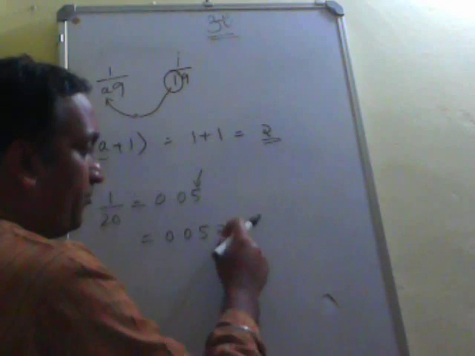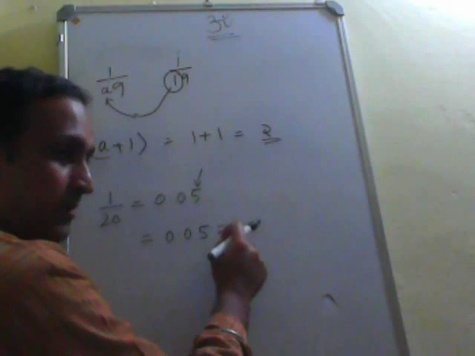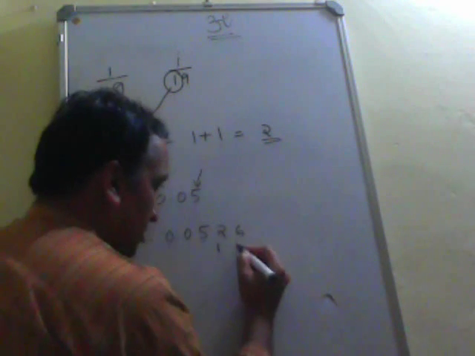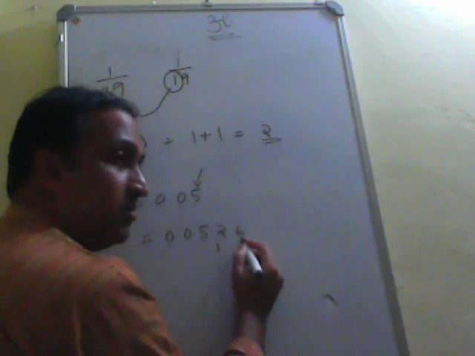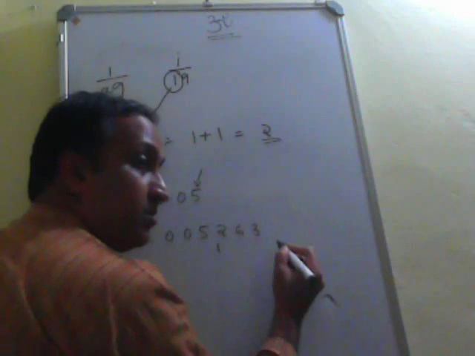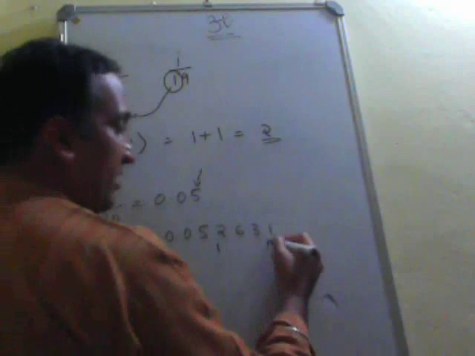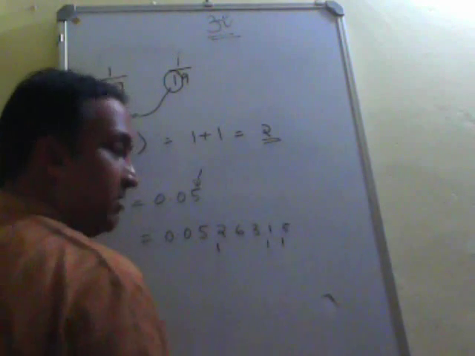Now what is the number here? 12. 12 by 2 is 6, remainder 0. 6 by 2 is 3. 3 by 2 is 1, remainder 1. Now 11, that is 5 remainder 1.